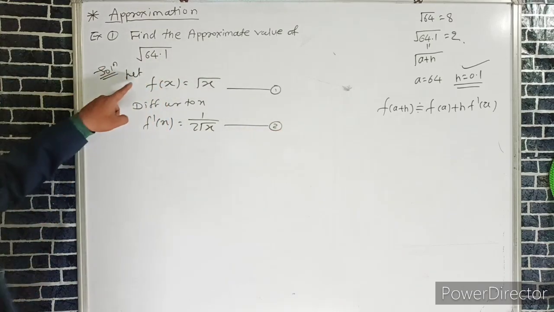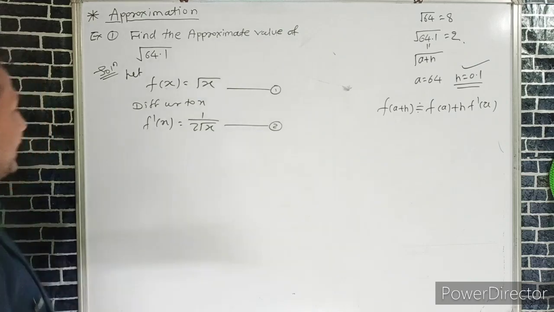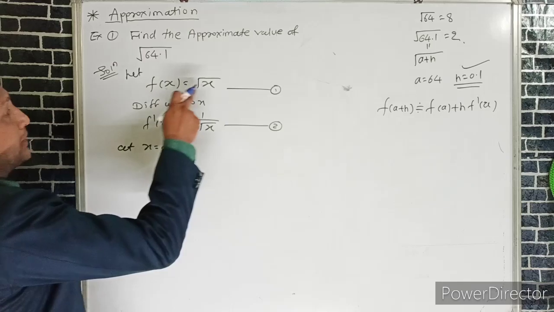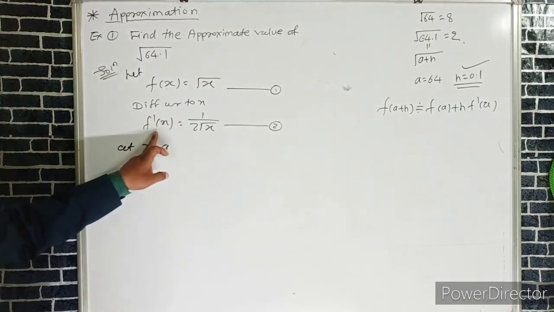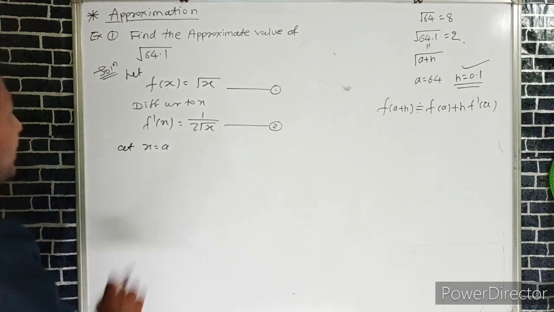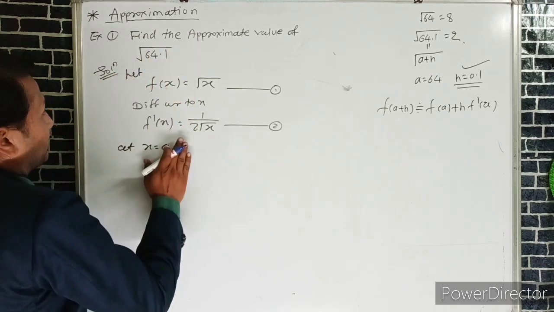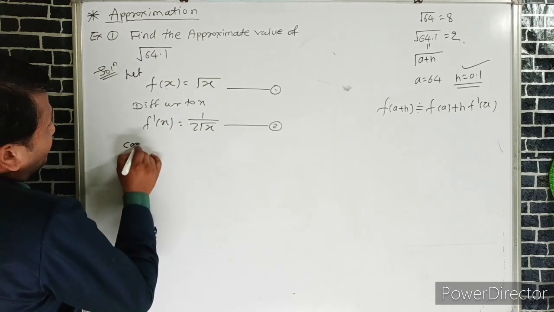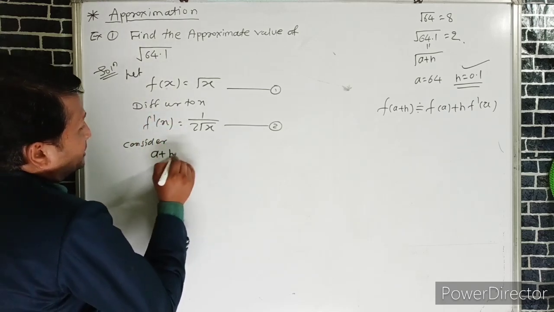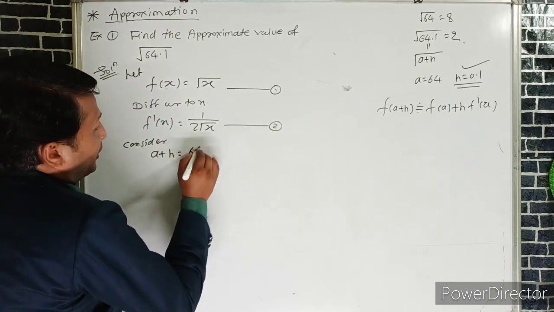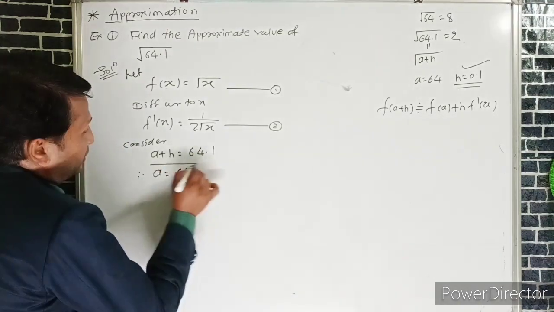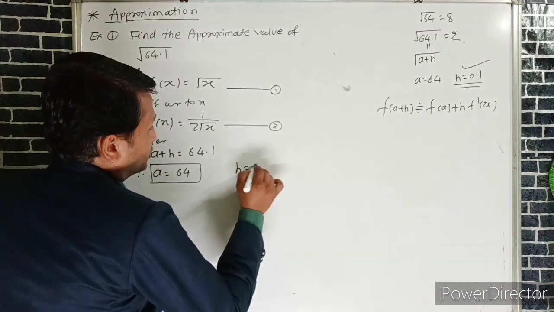So f of x and f dash of x at x equals a, we can also write f of a is equal to under root a and f dash of a is equal to 1 upon 2 root a. So first we consider 64.1. Let us consider a plus h is equal to 64.1. So here we can consider a is equal to 64 and h is equal to 0.1.